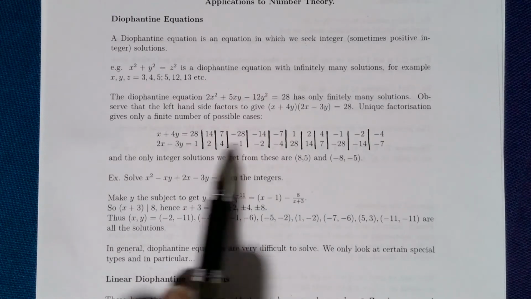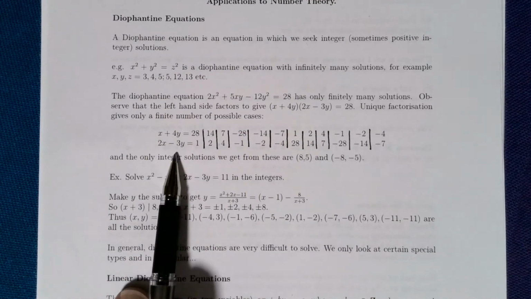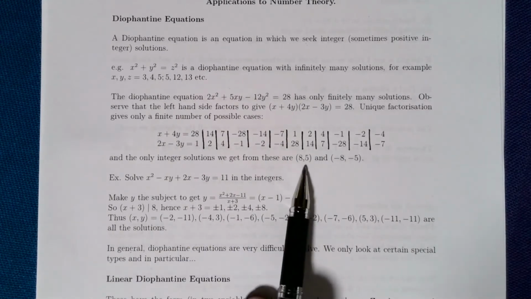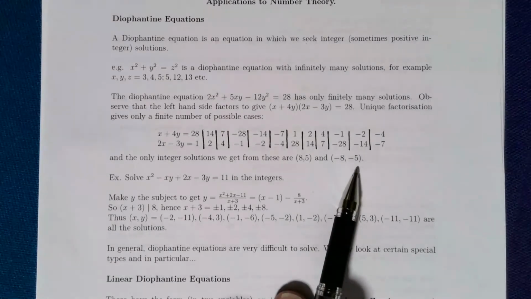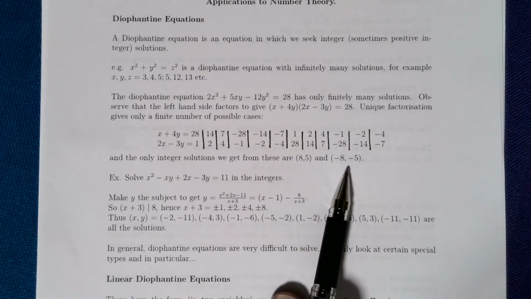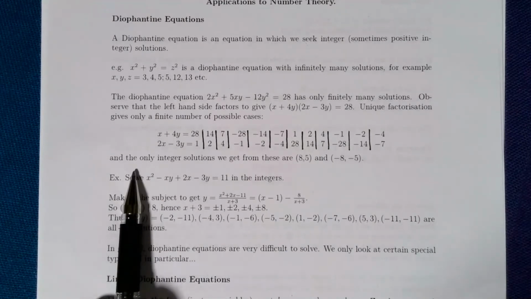Now when you put these expressions equal to each pair and try to solve the simultaneous equations, most of the time you get fractions, not integers, except for these ones. You do end up with 8, 5 and minus 8, minus 5 as solutions. So this Diophantine equation has only 2 integer solutions. That's an interesting example of one of these Diophantine equations.